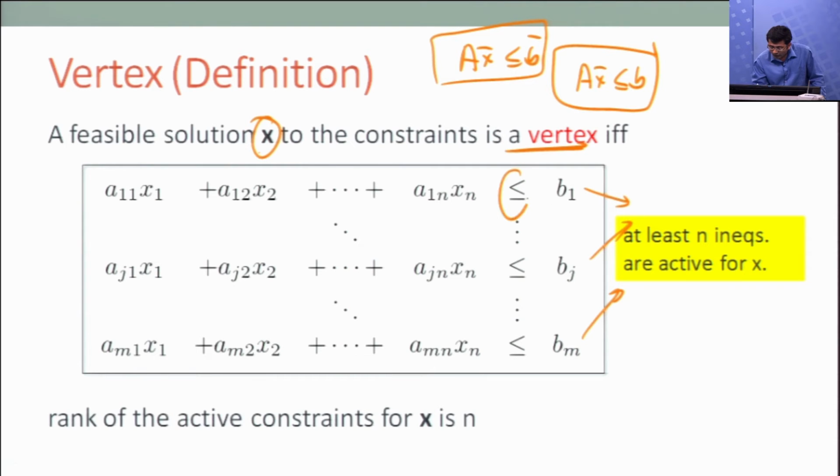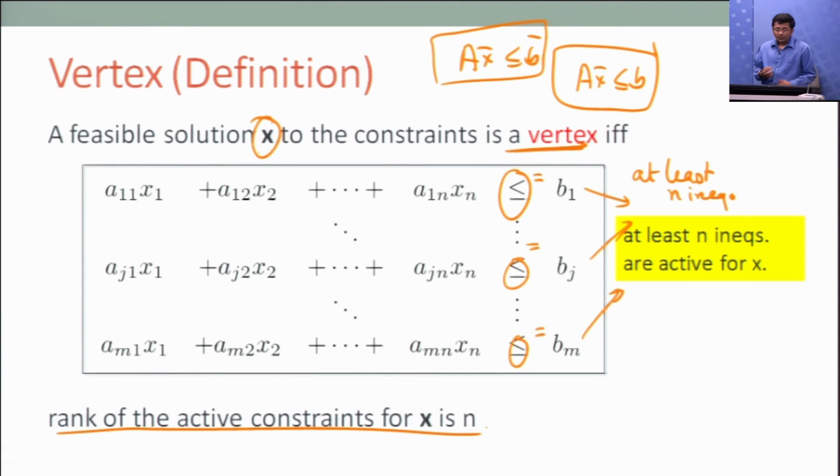If you look at all the inequalities that are made active by X, which means satisfied as an equality rather than a strict inequality by X, then we need at least n of them, and the rank of the active constraints of X is n. What does that mean?